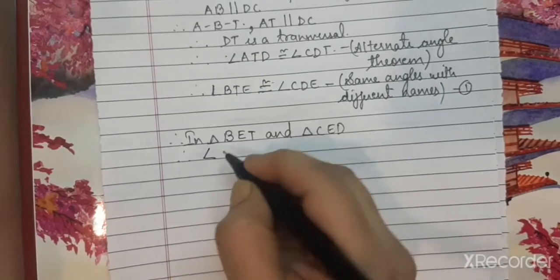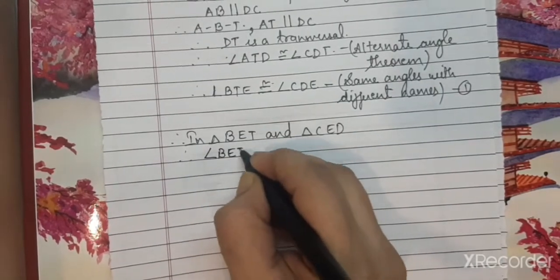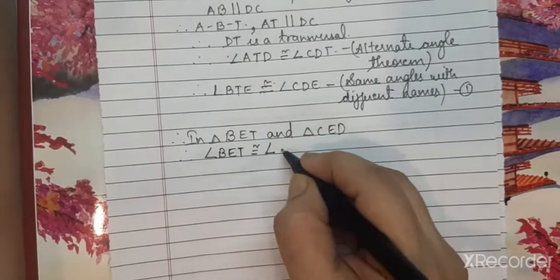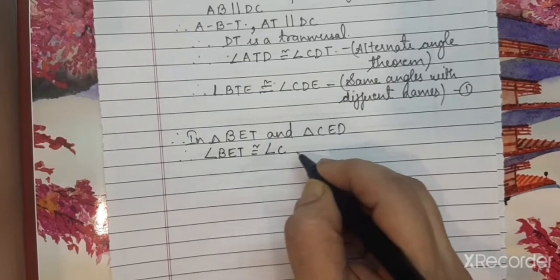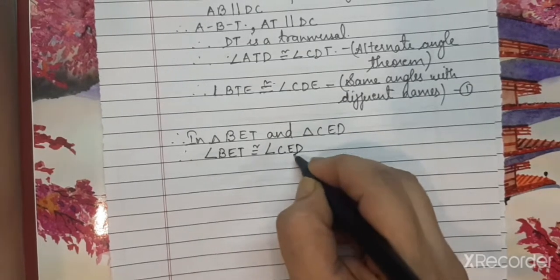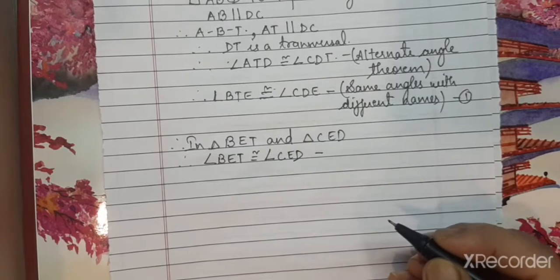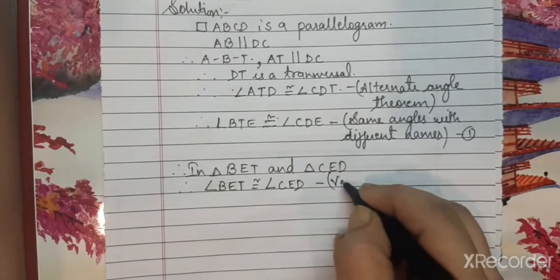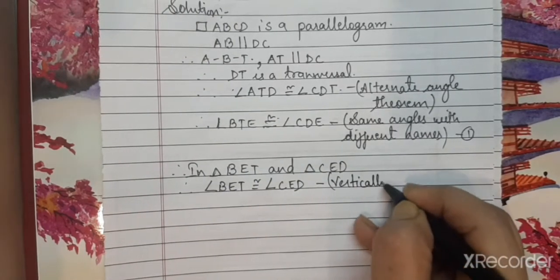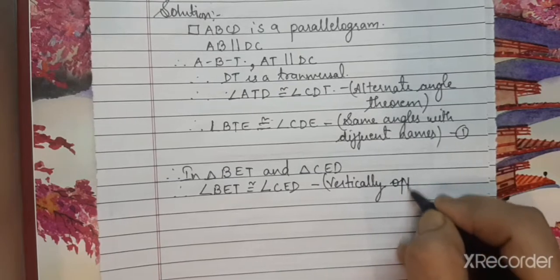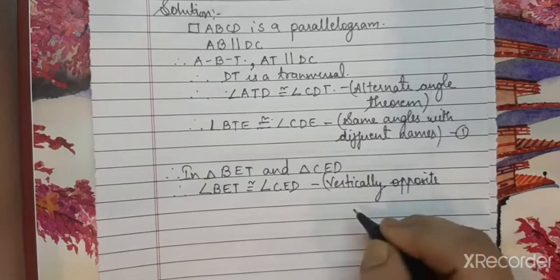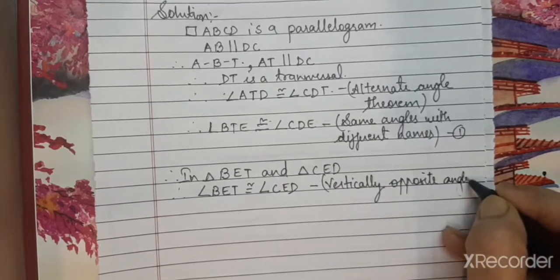We know that vertically opposite angles, so angle BET is congruent to angle CED. Reason: vertically opposite angles.